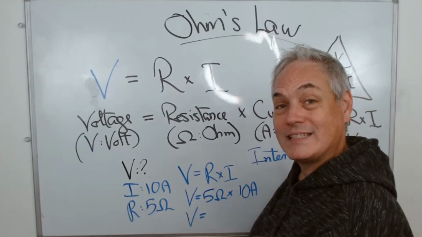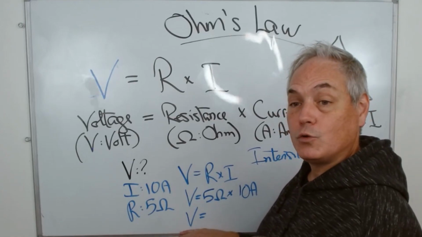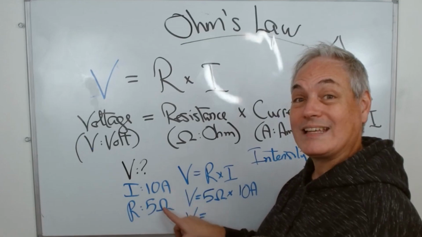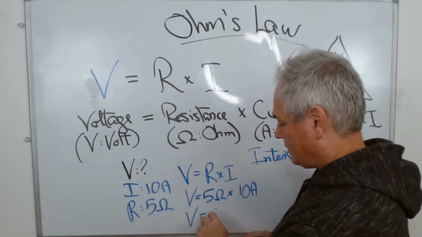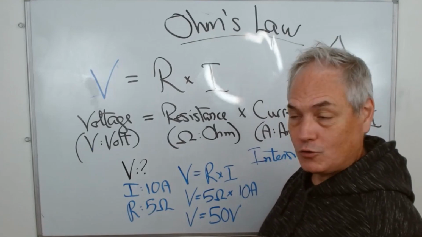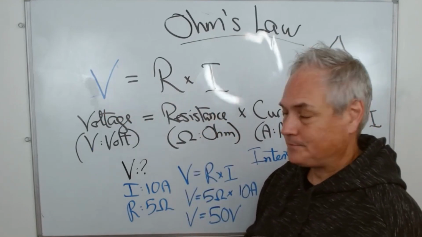So 5 times 10 is 50. So if the question is how much voltage will be necessary to generate 10 amps of current in a circuit that has 5 ohms of resistance, I would need 50 volts. So that's an example of how we can answer this question.